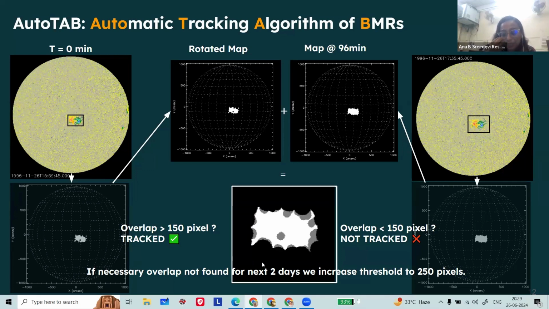Even in the empirical formula, we don't have much idea about the thin flux tube forming BMR, the magnetic field at the convection zone. I don't have a definite answer to this, but we are trying in some way.